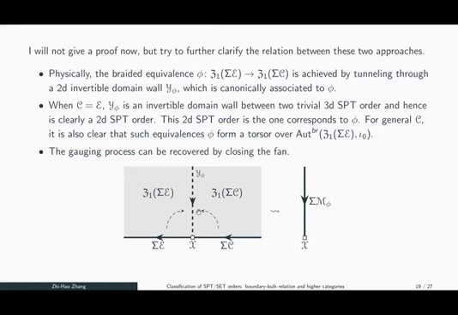And how do we get the gauge theory? The gauging process can be recovered by closing this φ. We just fuse the two boundaries, Σ E and Σ C, along these two bulks and this invertible domain wall, so we get a 2D theory. It should be the gauge theory, Σ M φ.